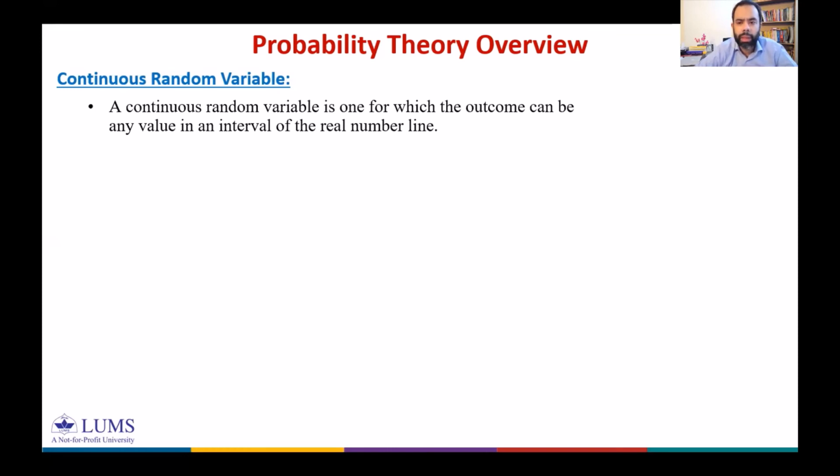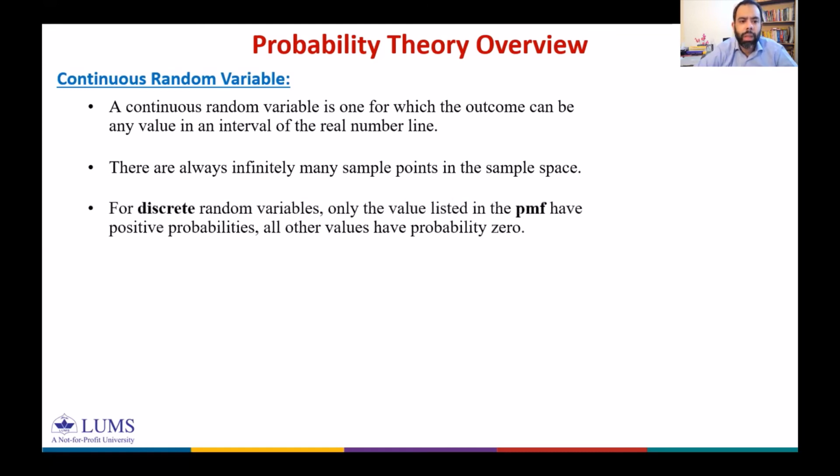There are always infinitely many sample points in the sample space. For discrete random variables, only the values listed in the probability mass function have positive probabilities. All other values have probability 0, right? So on the real line, you only have discrete values.